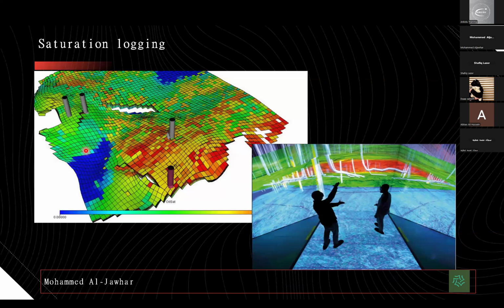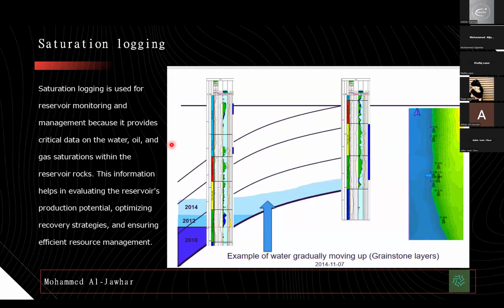You can see some places already flooded, some places are promising and have good reserves in them. So is it on the crest? You have to think about the information you have to input to your simulation before running.